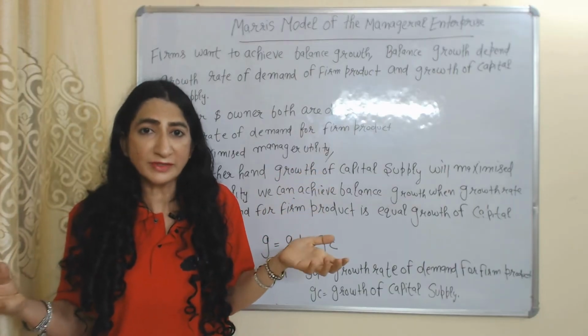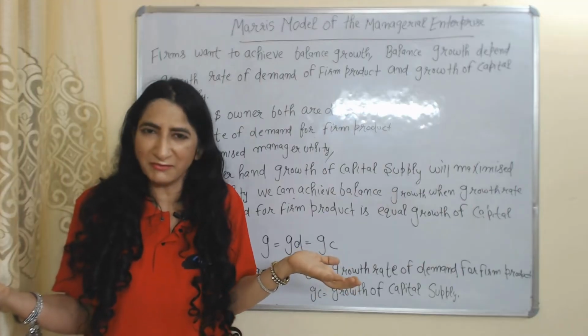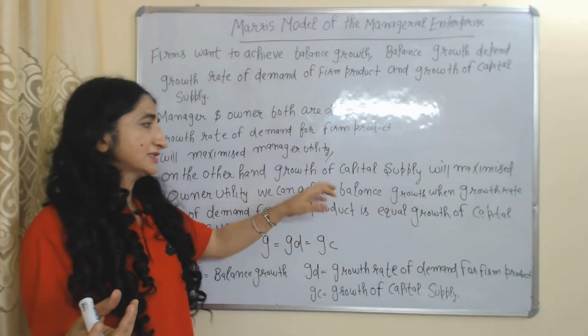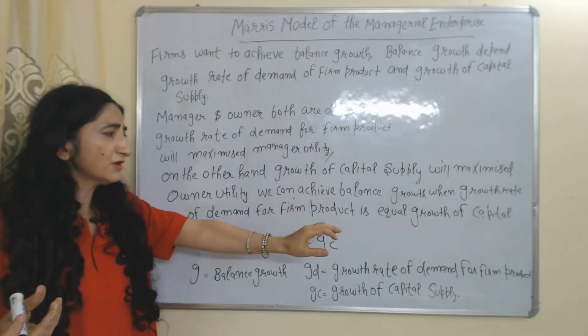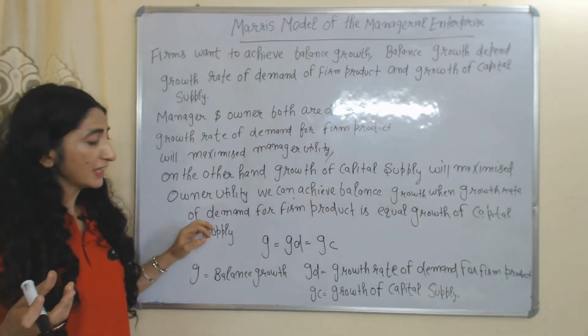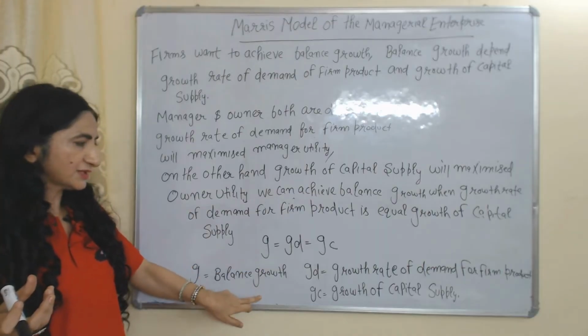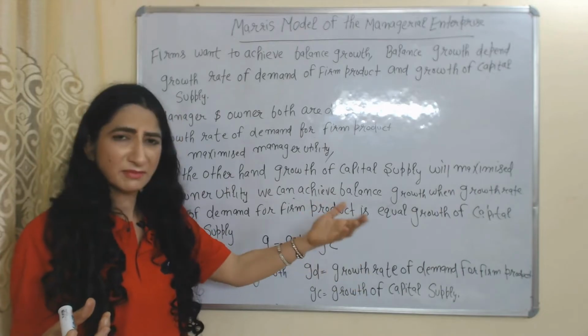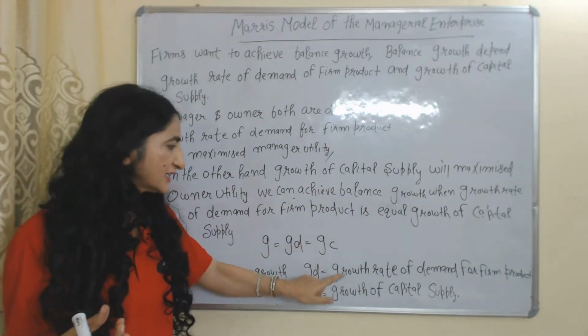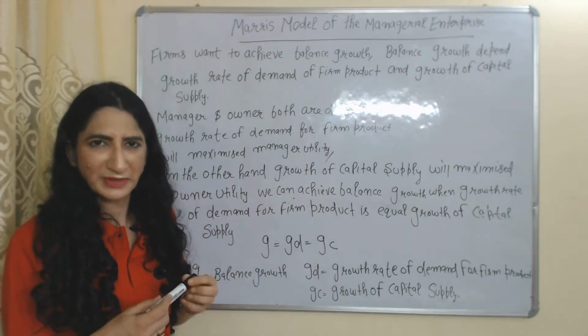Obviously, if more funds are available, your owner will become very happy. And we can achieve balanced growth when the growth rate of demand for the firm's product is equal to the growth rate of capital supply. In this equation, G represents balanced growth, GD represents the growth rate of demand for the firm's product, and GC represents the growth of capital supply.